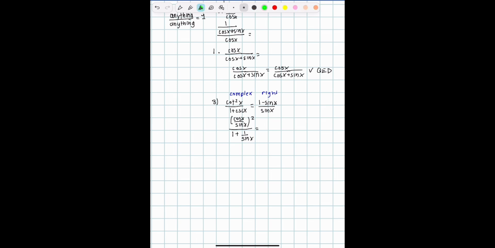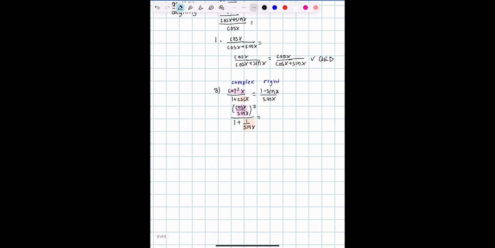And I'm just going to highlight them so you can see exactly where we are plugging in this stuff right here. That's equal. So now we can rewrite this and simplify this further by distributing that exponent to the cosine x and the sine x.